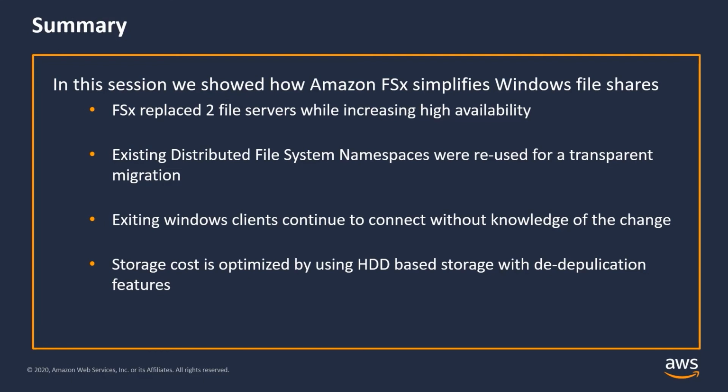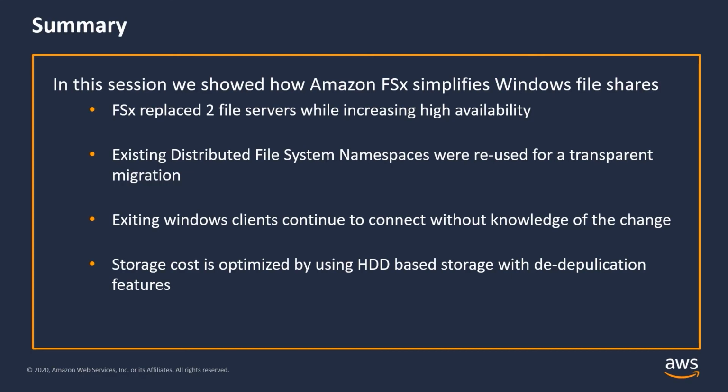Now that we've gone through the demo, let's summarize everything that has been shown so far. Acme Financial Data Services was able to replace 2 self-managed file servers, which reduced management overhead and increased high availability through the use of Amazon FSx for Windows File Server. Additionally, their existing distributed file system namespace servers were made highly available by adding another instance to a second availability zone.